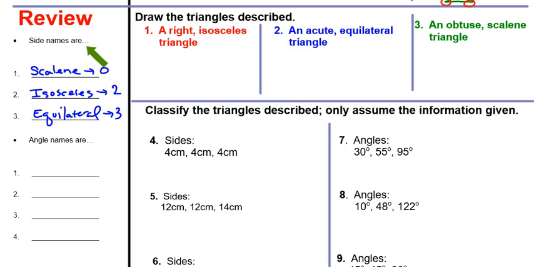And then we talked about the angle names. And remember, the angle names that we talked about were acute, right, obtuse, and equiangular.